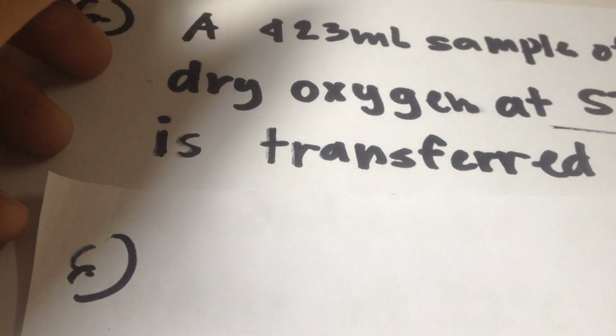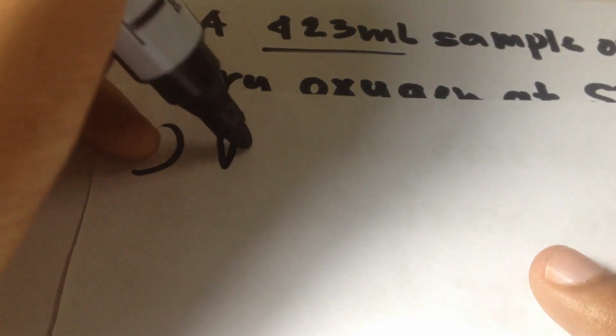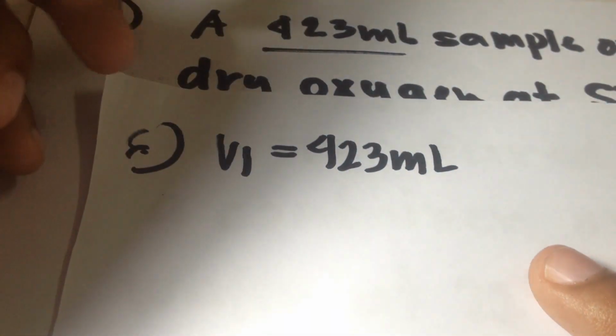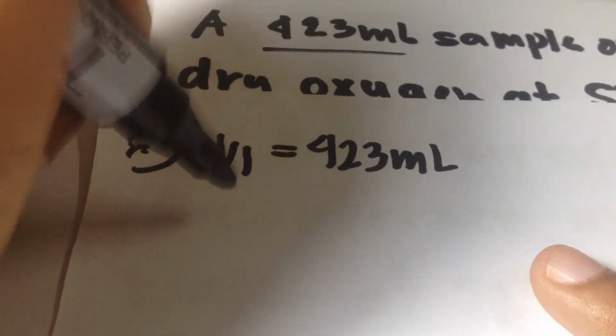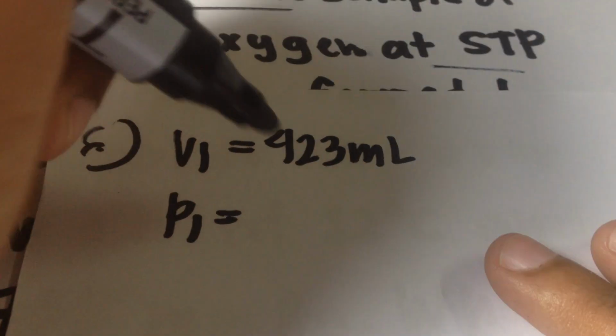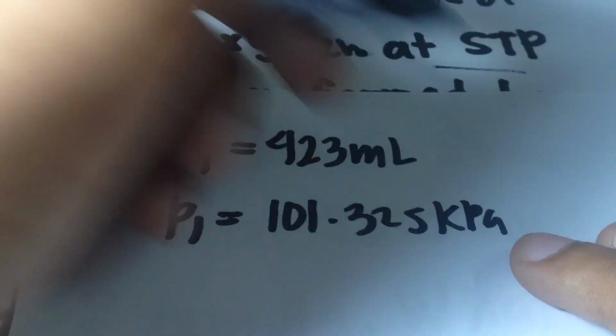So the volume 1 here is 423 ml. The pressure 1, which is at STP, is 101.325 kilopascal.